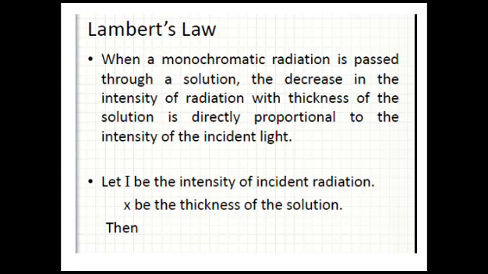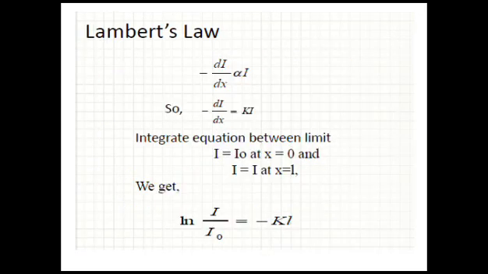Now we can see the principle of UV visible spectroscopy, and for this principle we learn Lambert's law. Lambert's law: when a monochromatic radiation is passed through a solution, the decrease in the intensity of radiation with the thickness of the solution is directly proportional to the intensity of incident light.